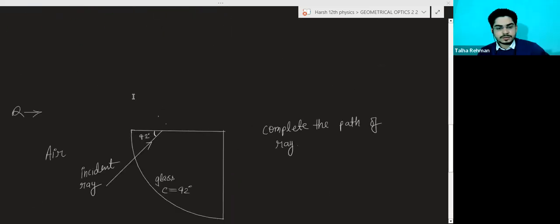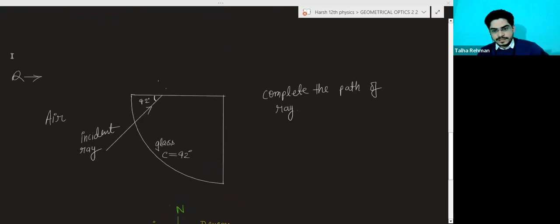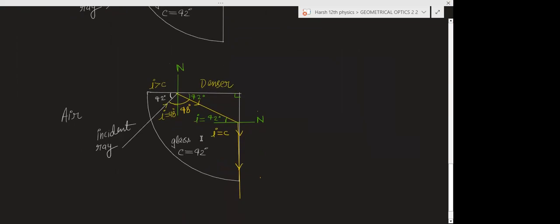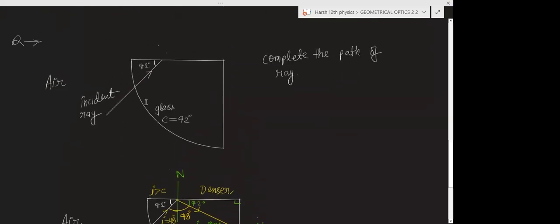So write down this question first, and after that, separately draw this diagram. Otherwise, you will get confused.